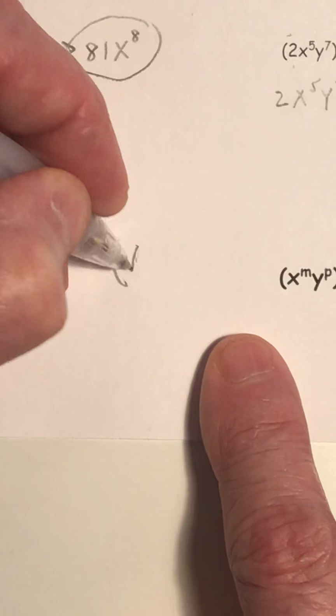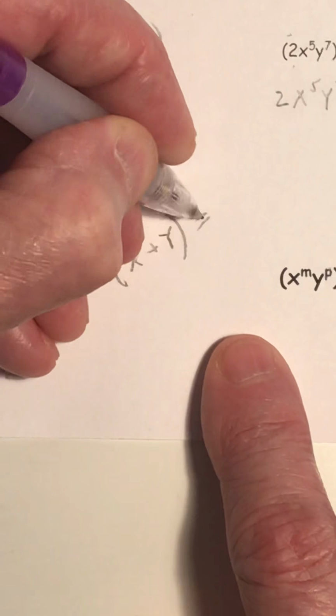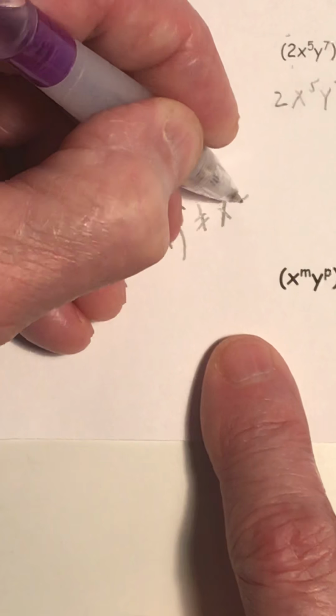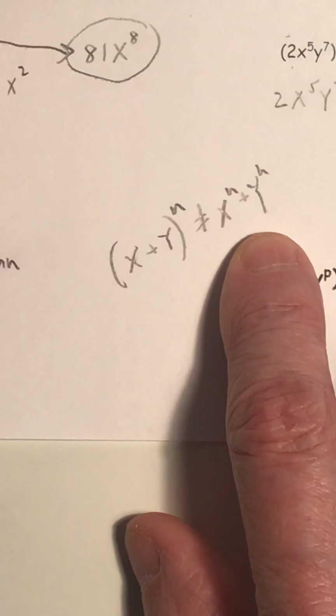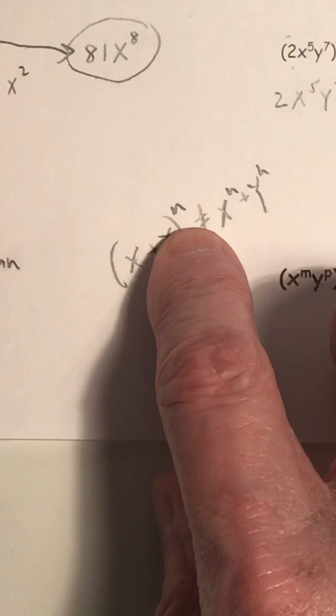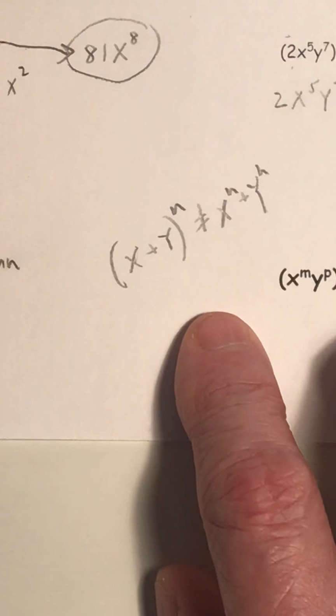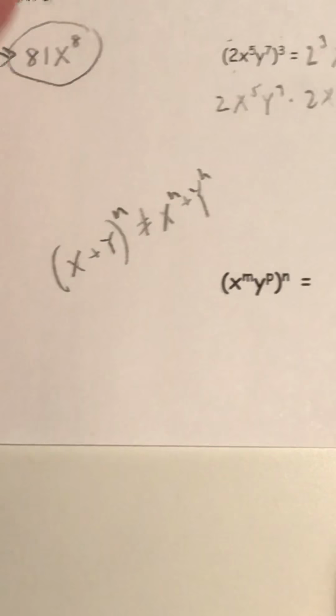Let me just point this out right now. If you've got something plus something to a power, that does not work like this. We'll talk about this again some other time. That means you have to write out x plus y, x plus y, x plus y n times, and you have to use the distributive property. It gets a little bit messier.